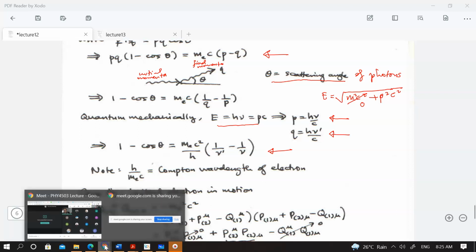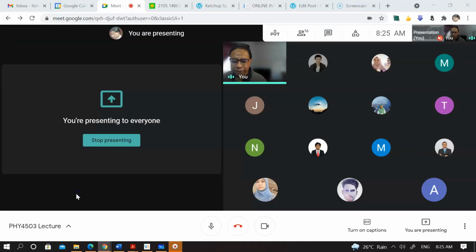Maybe I should see if everyone's still awake. Anyone remember the connection between the frequency of the photon and the wavelength of the photon, or in this case you can think even in terms of electromagnetic waves?